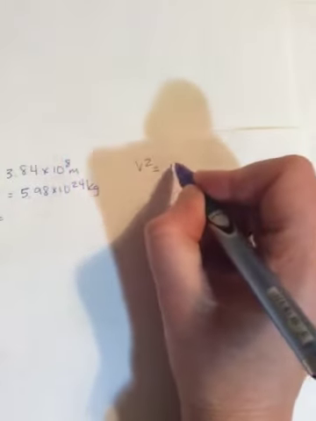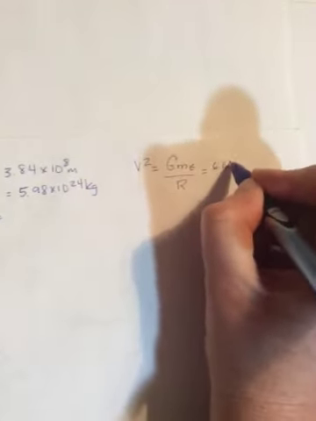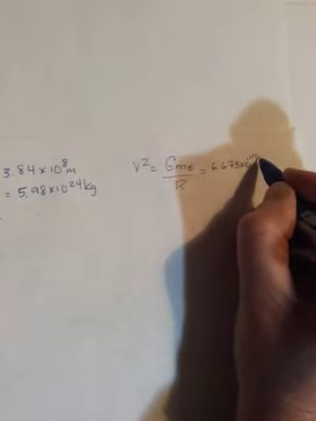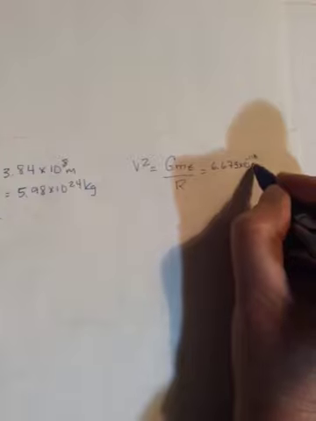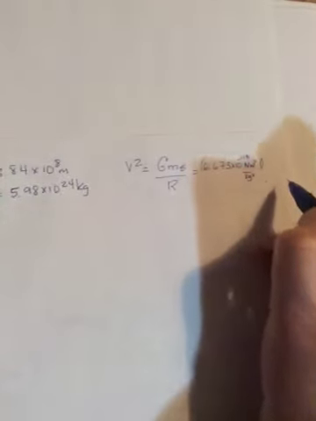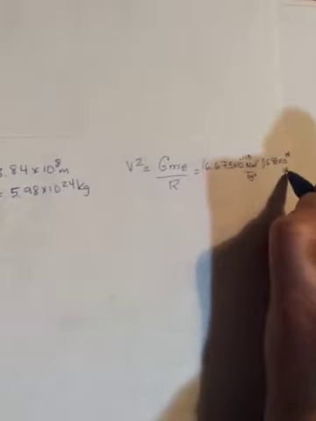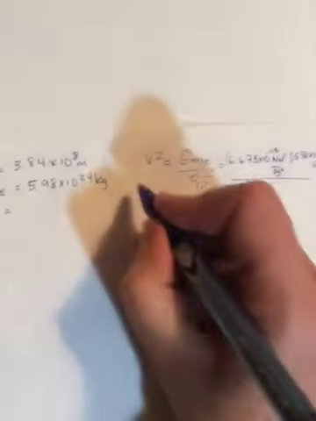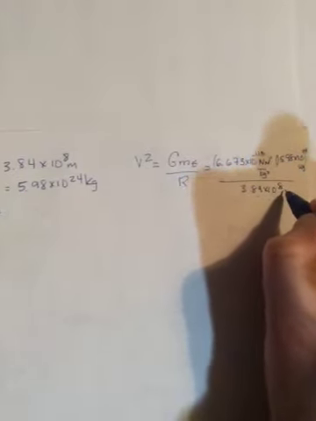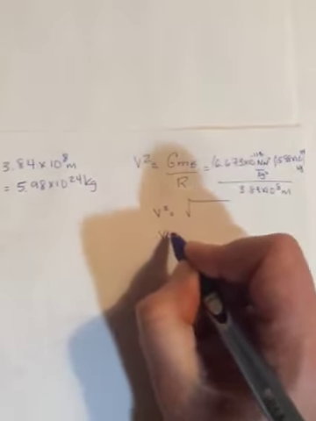So V squared is equal to G, mass of the Earth, over R. So 6.673 times 10 to the negative 11 Newton meters squared per kilogram squared, times 5.98 times 10 to the 24th kilograms, divided then by this 3.84 times 10 to the 8th meters. And remember, that's going to be V squared. So you're going to need to take the square root.